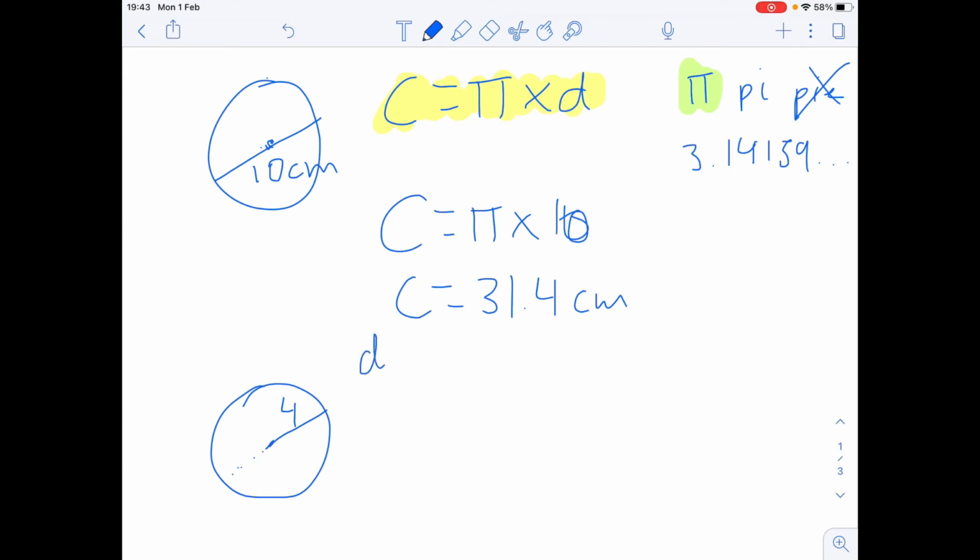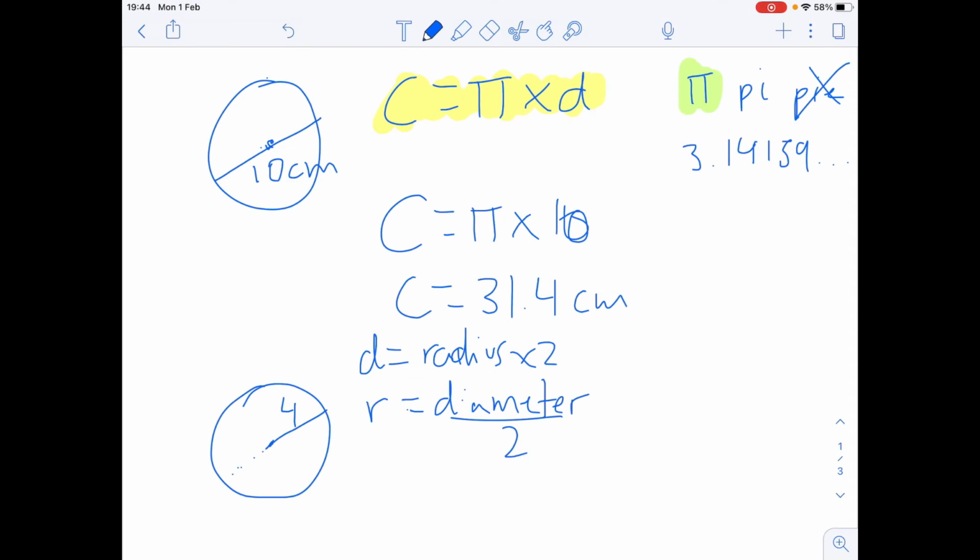So the diameter is the radius times 2. Or the other way around, I can say that the radius is the diameter divided by 2. But you can figure that out.